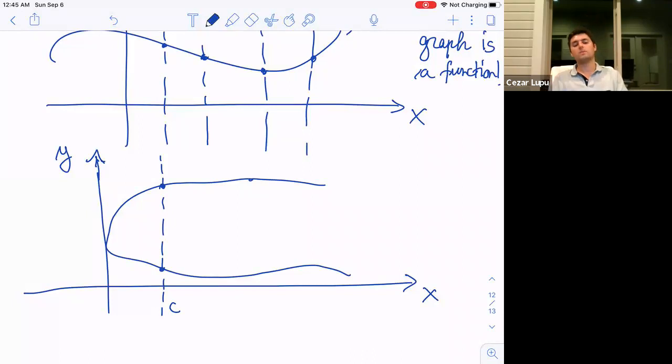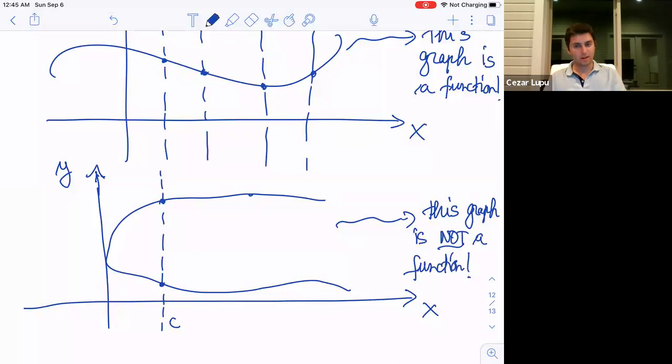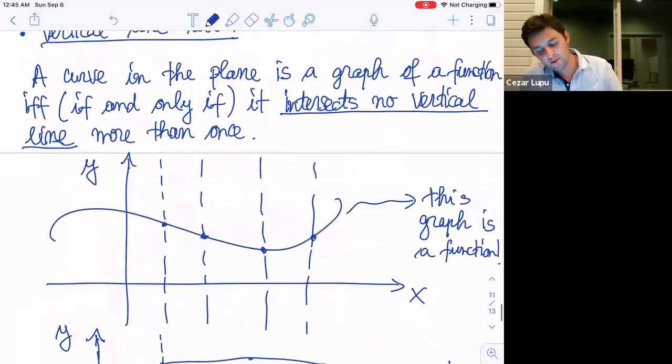This means we don't have any unique y value for x equals C. So this does not represent a function. Okay, so this is not a function. All right, so this is the vertical line test.